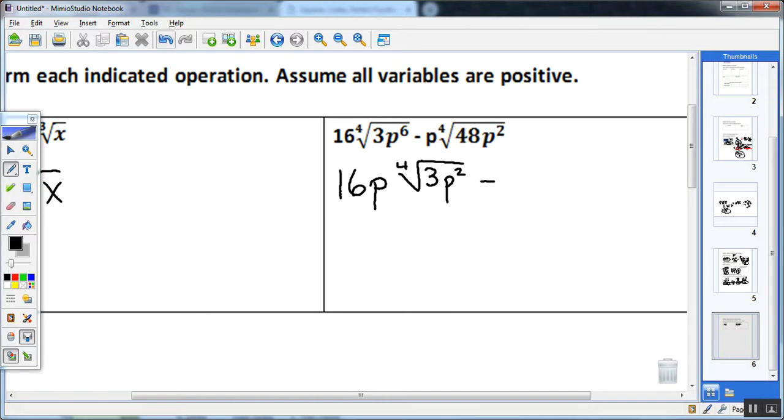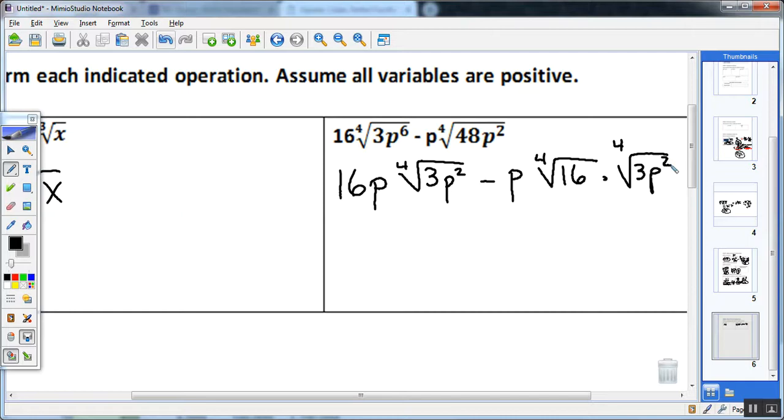Okay, so this is going to be p times the 4th root of 16 times the 4th root. How many times did 16 go into 48? 3. But what else is still under here with the 3? P to the what?